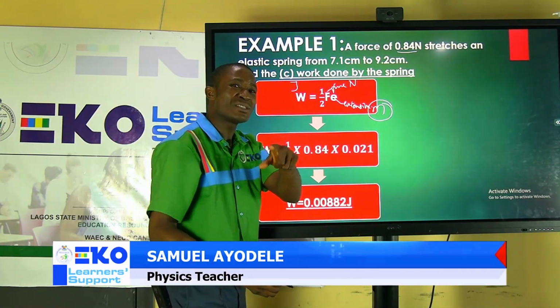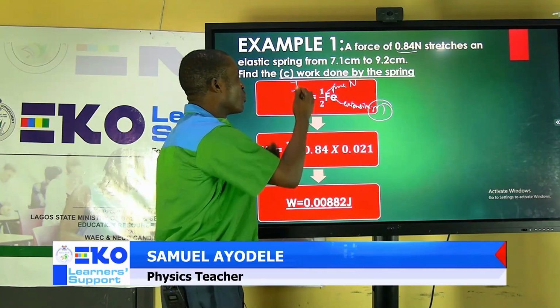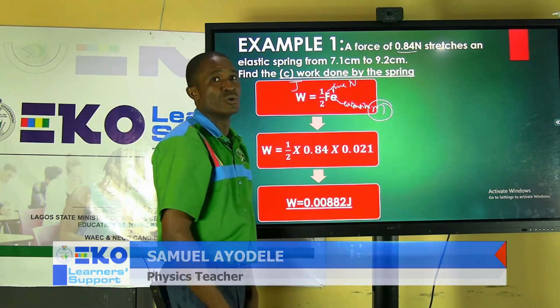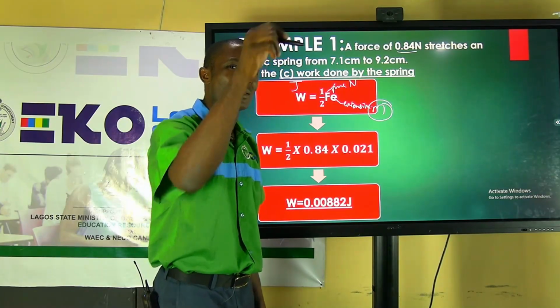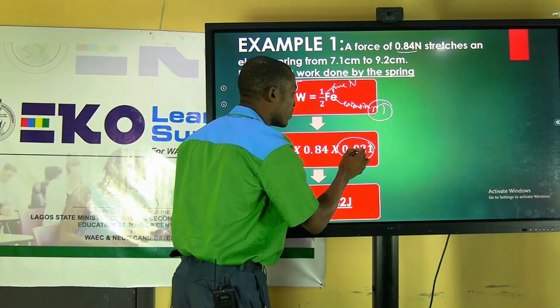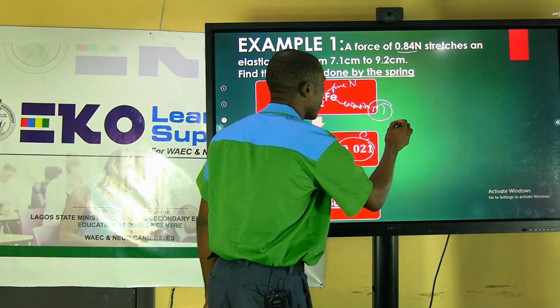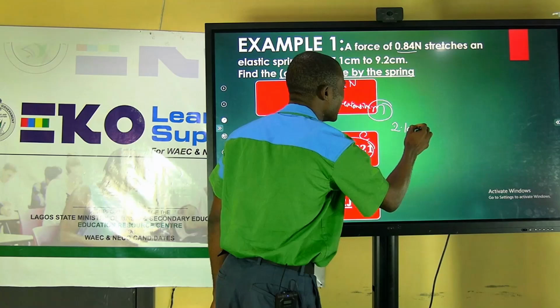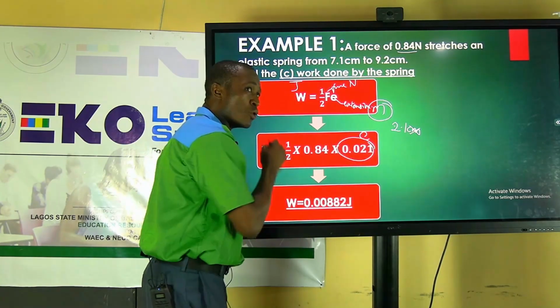If you use the value of extension in centimeter, you'll be wrong because you will not get your answer in joules. And our answer, once it is work done, has to come out in joules. So in that case, I'm making use of 0.021 as the value for my extension. I'm not going to make use of 2.1 centimeter because I want to get a value that is in joules, which is the SI unit.